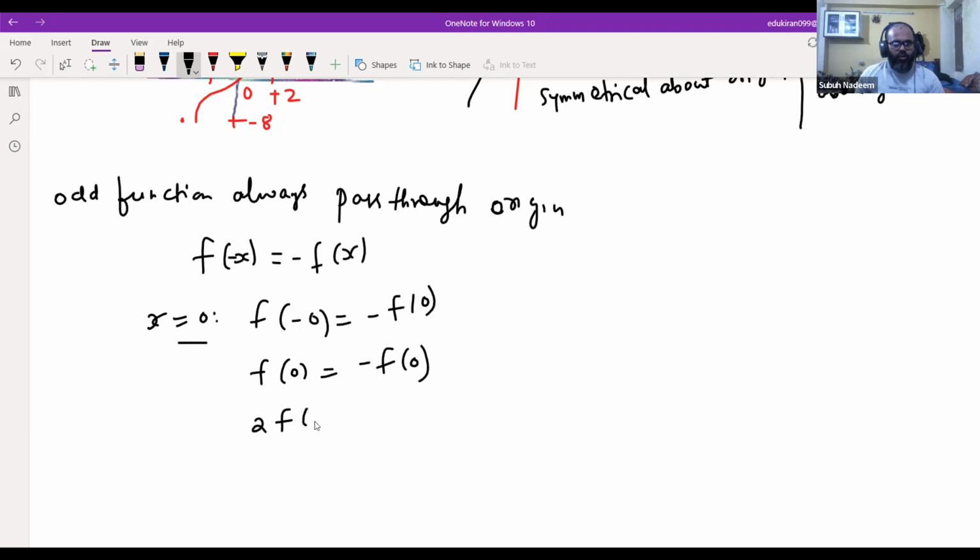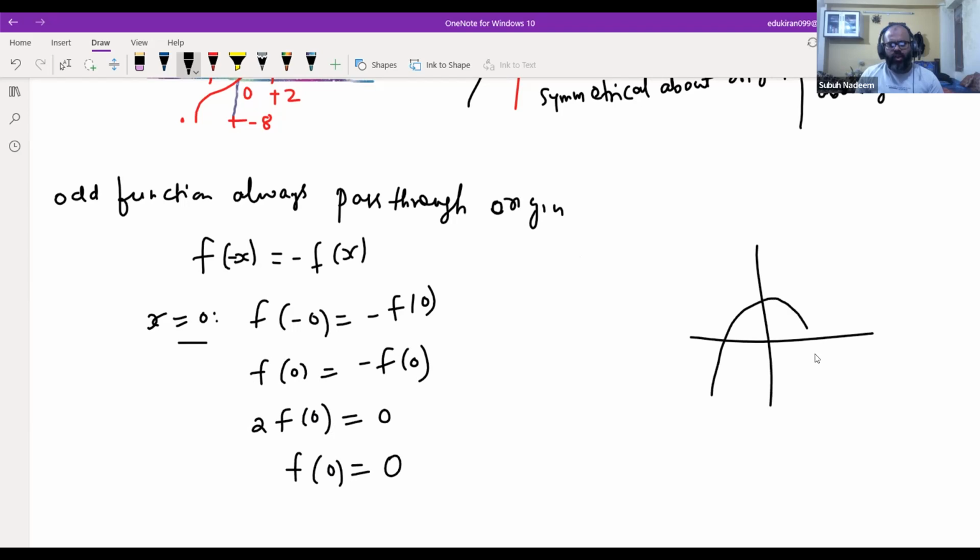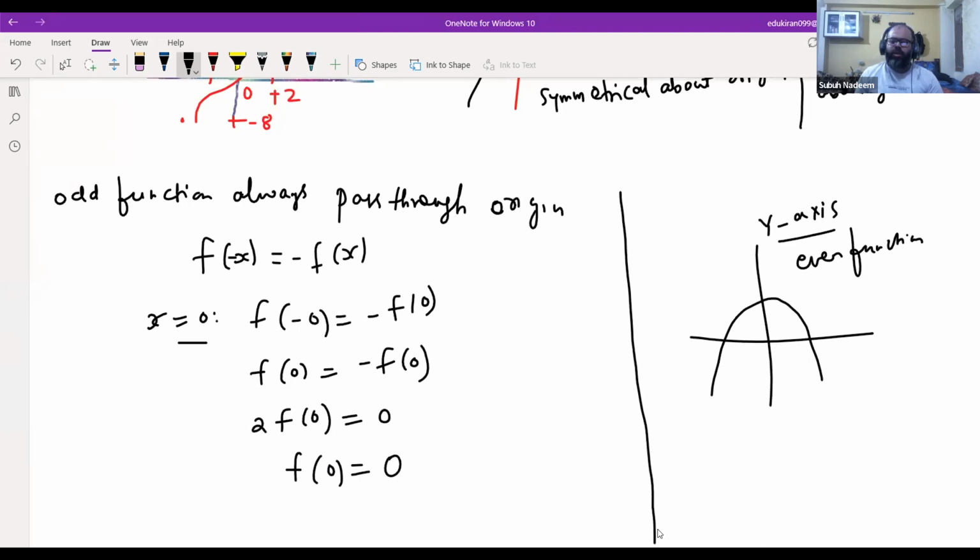So this will become 2f(0) is equal to 0. So f(0) is equal to 0 by 2, which is 0. So an odd function always passes through the origin, whereas an even function may not pass through the origin, like this. This is an even function, but it is not passing through the origin because it is a mirror image about the y-axis. Being a mirror image about the y-axis means it can pass through the origin, it may not. But if it is an odd function, it compulsorily has to pass through the origin. Then only it can be a mirror image about the origin.